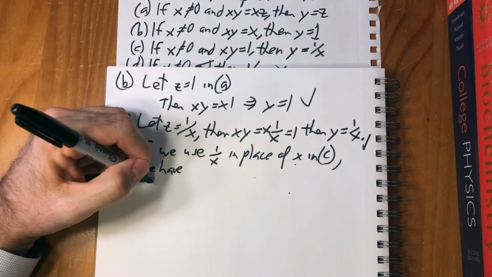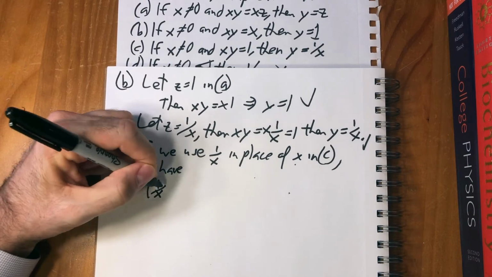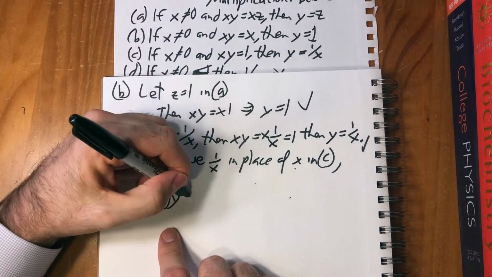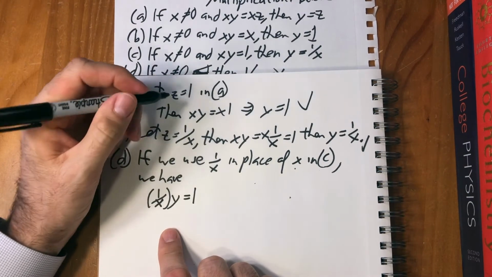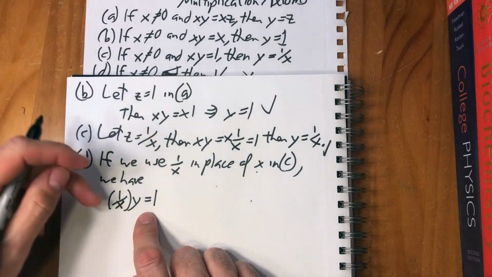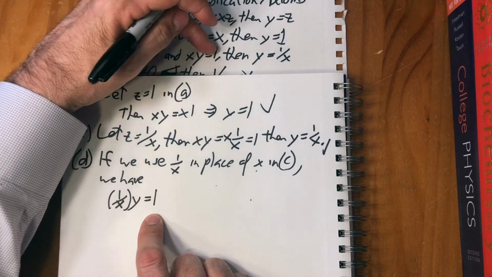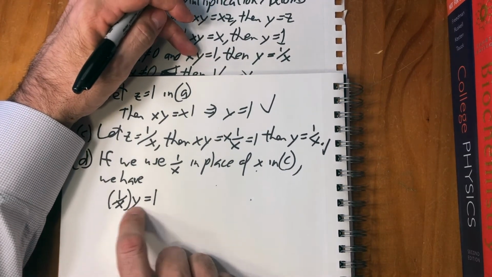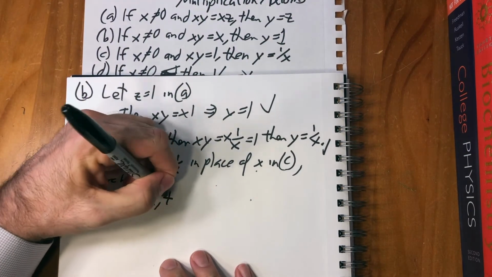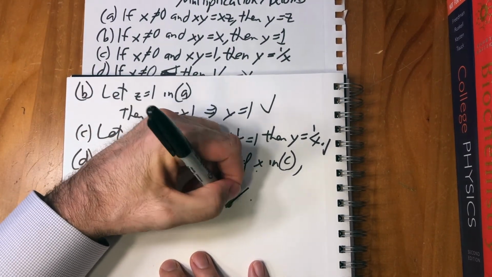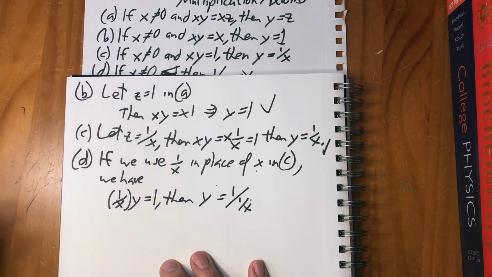Then we have 1 over x times x equals 1. And then C tells us that if we have something times y equals 1, then y has to be the inverse of that. So y equals the inverse of 1 over x.